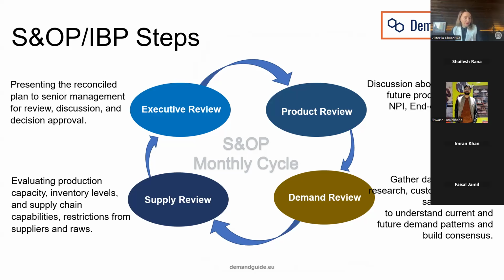Then comes the supply review. This is where supply chain can evaluate capacities, inventory levels, and raw material, so any restriction coming from supply.